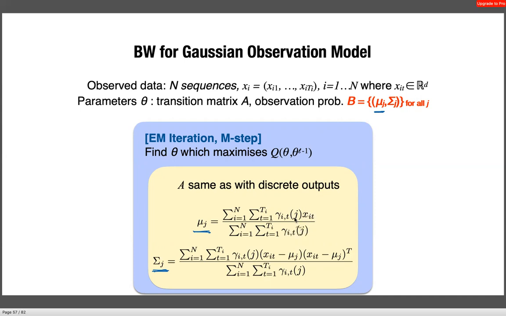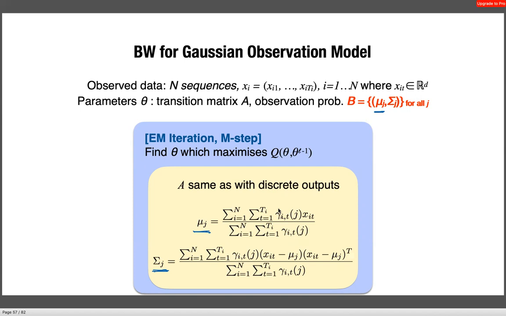So what is this saying? You're finding essentially the weighted mean of x_its, right? And the weights are these state occupancy probabilities, which is my gamma_it. So recall intuitively, what is the state occupancy probability telling you?